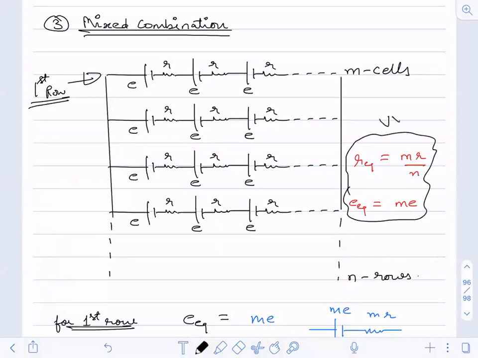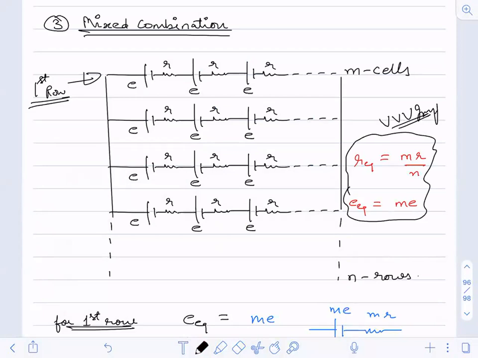There's no problem in this. It is not very hard to remember, this is very easy. So equivalent resistance is MR by N, and equivalent EMF is ME. Understood?